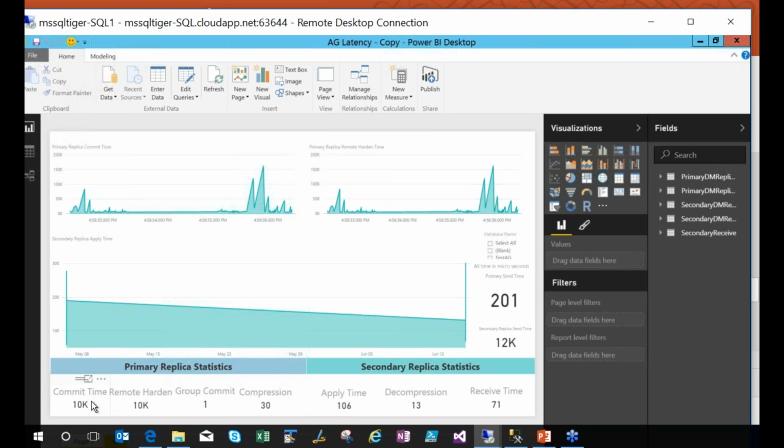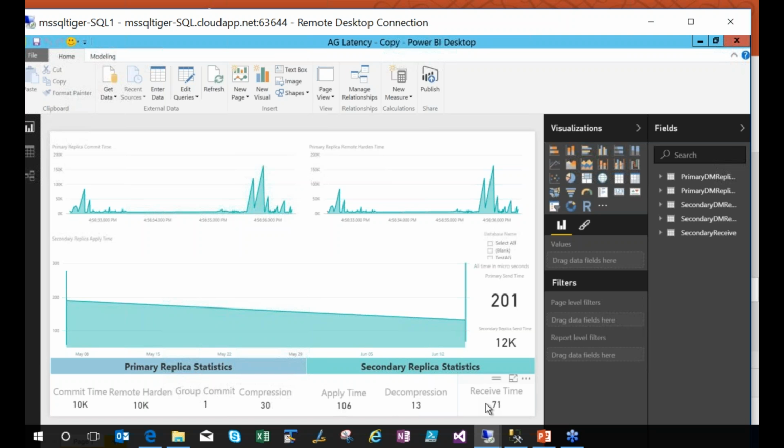Now, at the bottom half of the screen, you will see tiles which show me commit time in microseconds. It tells me my commit time and my remote harden time are pretty much the same. It takes a very, very small amount of time to do compression and decompression. Decompression happens in the secondary. The apply time is very, very low, and the receive time, which is the time it took on the secondary replica to receive a message from the primary replica, is also very low.